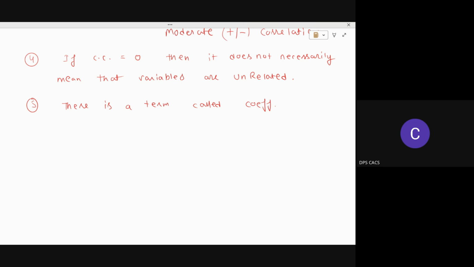Please write down. There is a term called coefficient of determination. Now this is very common in exam if you see the past papers. This is very common in the past papers, coefficient of determination.